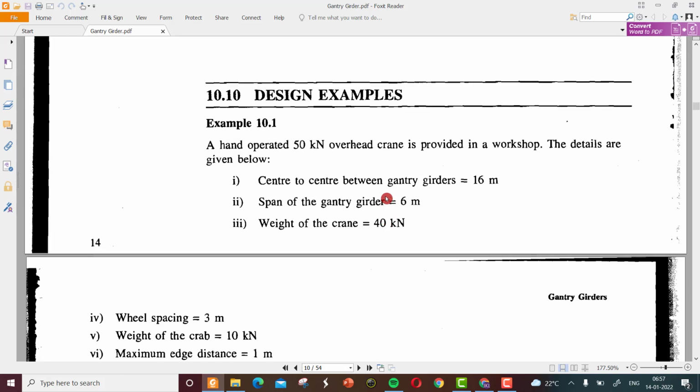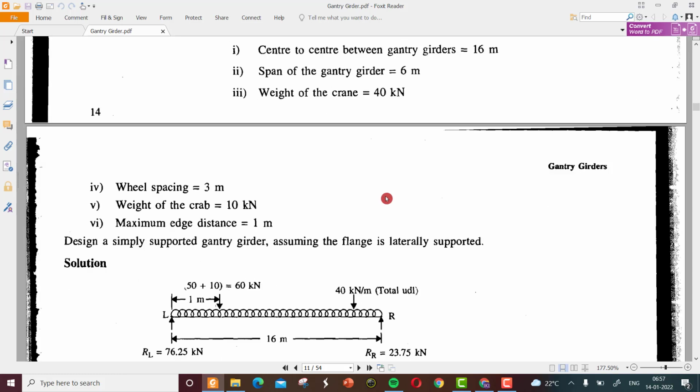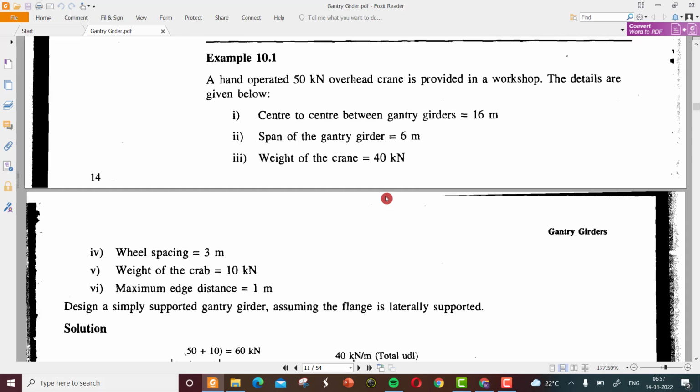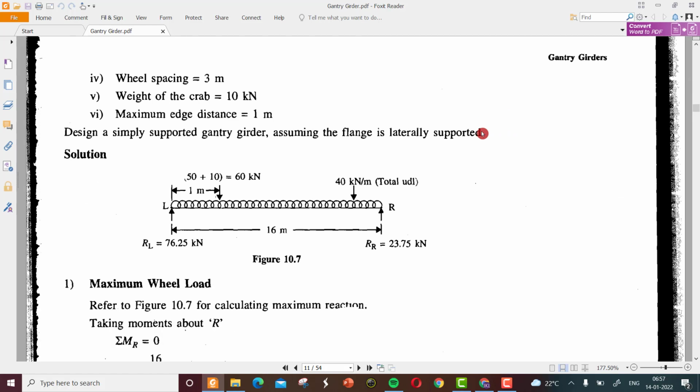and we know the center to center distance between gantry girders is 16 meter.